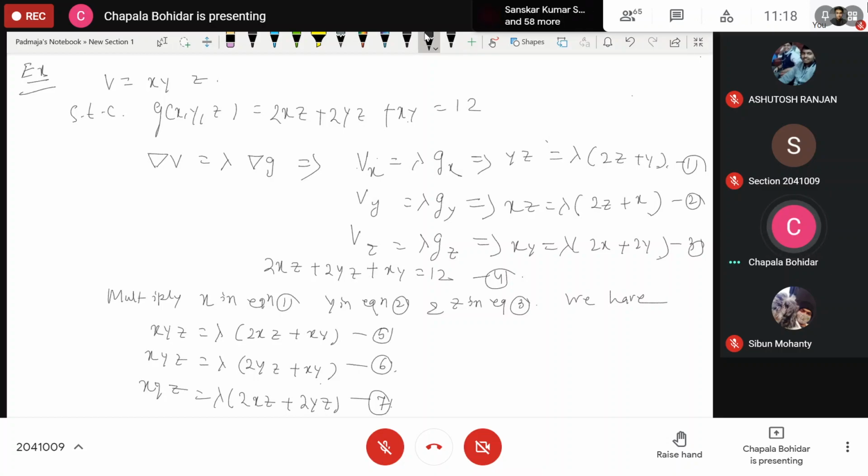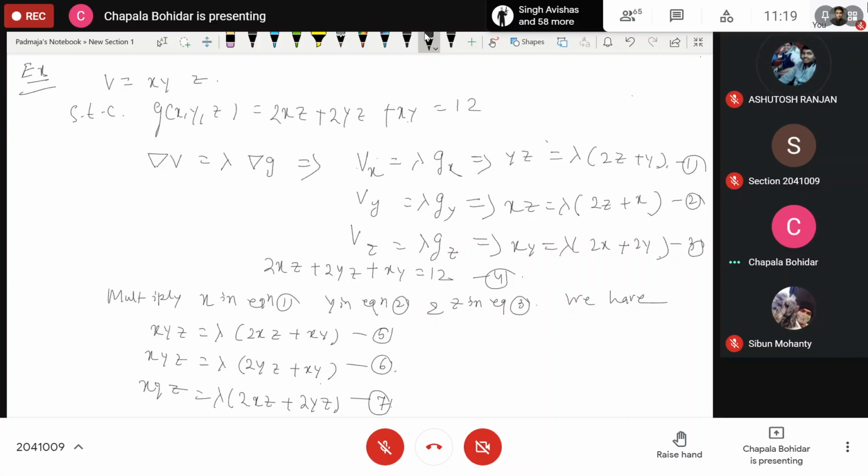So here, if lambda is equal to 0, what are we getting? xyz is equal to 0, so then the volume becomes 0. But the question is asking for maximum volume, is it not?